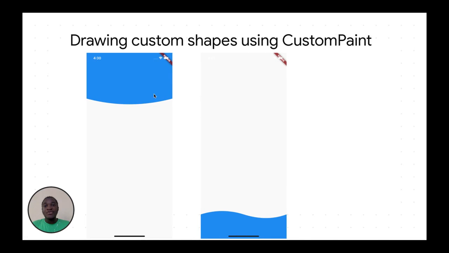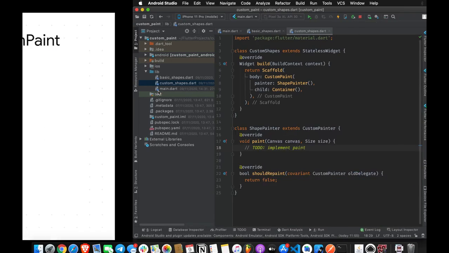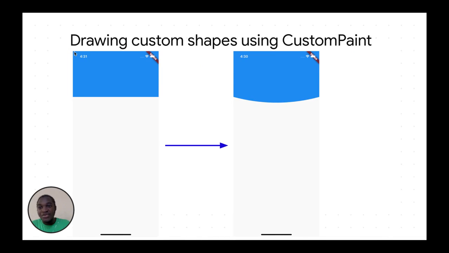Now we can try drawing the custom shapes. To draw the first custom shape, we have to go step by step. First, we need to draw a rectangle at the top here, then curve the bottom. That's how we are going to go through with this.